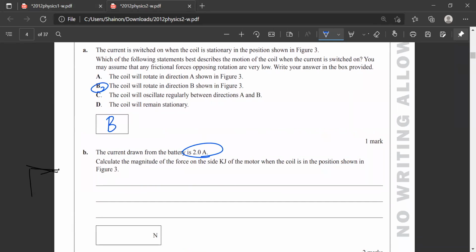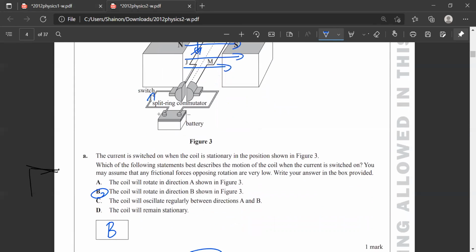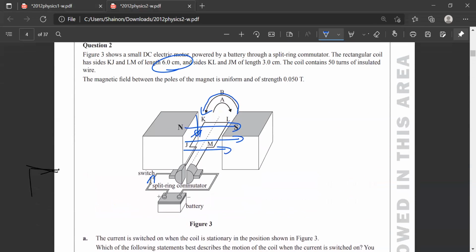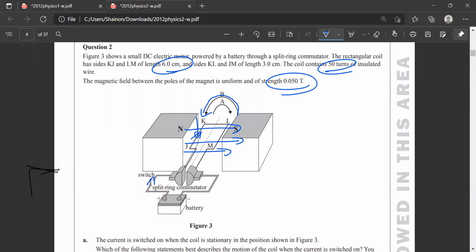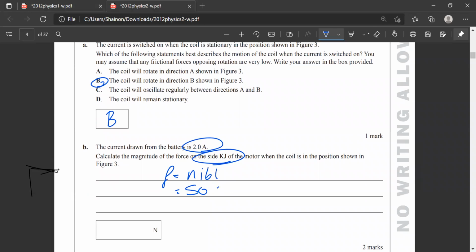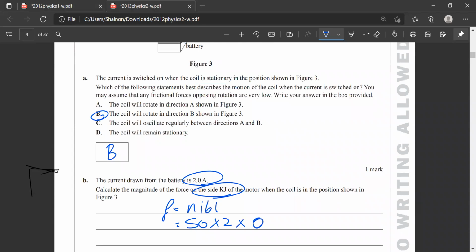The current is this, side is this, side of KJ. 6 centimeters, we need to convert that to meters. So we do F equals N B I L. Number of turns is 50. 50 times 2 times magnetic field 0.05.